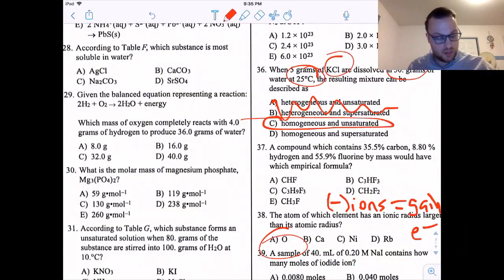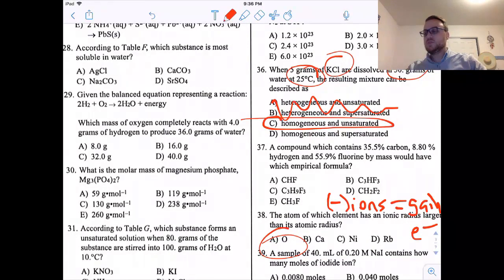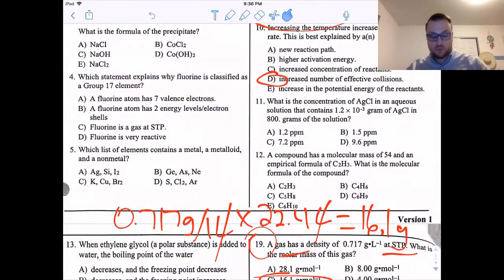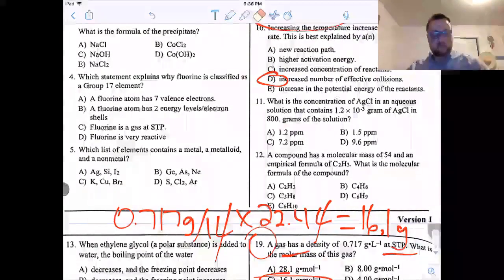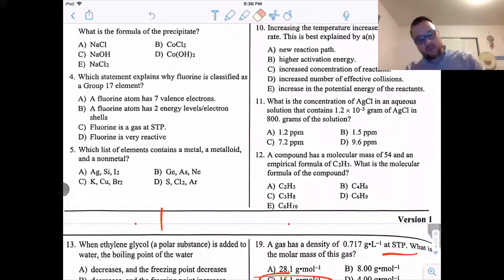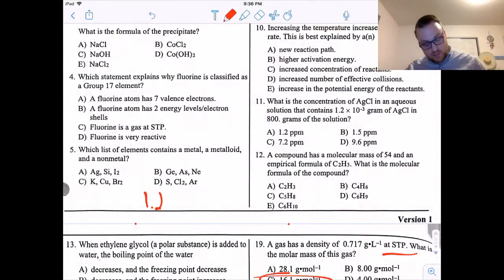Next. 11. Parts per million. Parts per million is grams of solute, which was given, 1.2 times 10 to the negative 3 grams of solute, over grams of solution, given as 800, times, you guessed it, 1,000,000.